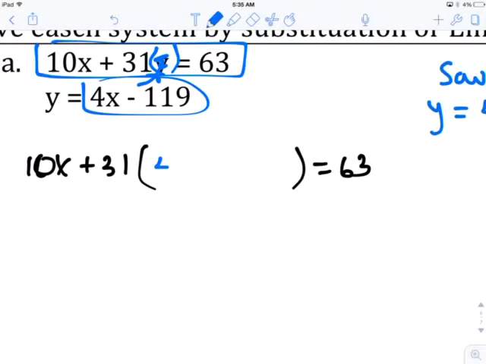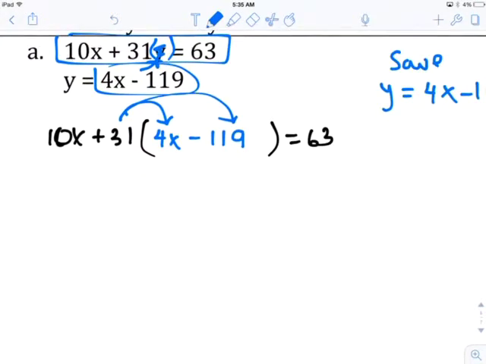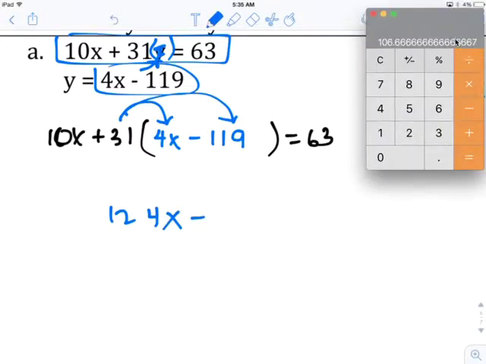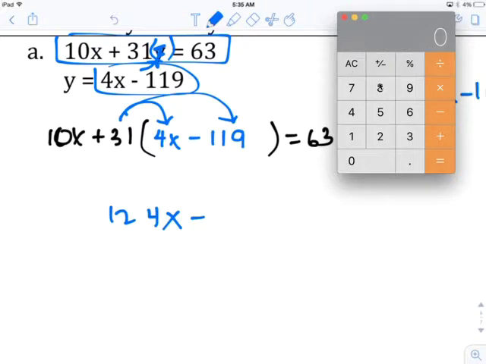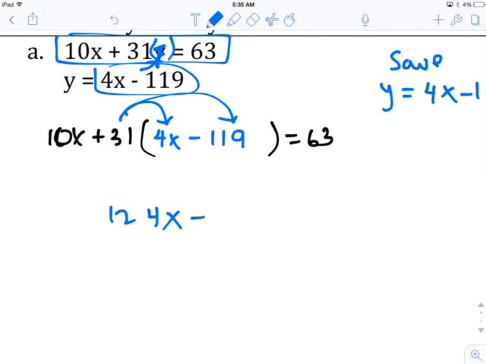We distribute, which means to multiply. You get 4x minus 119, so 10x... I need a calculator for this one. 31 times 119 is 3,689.